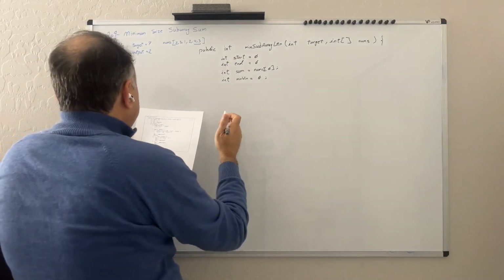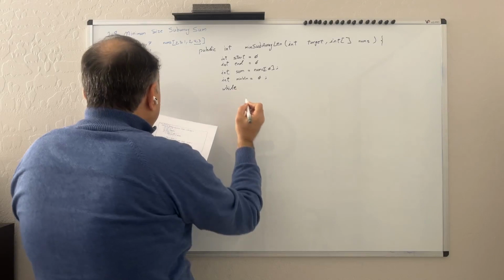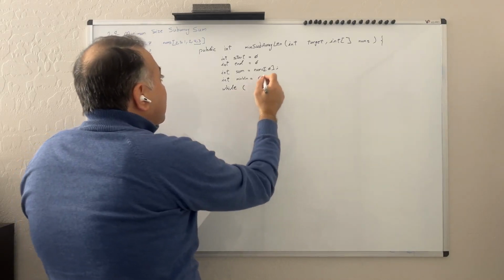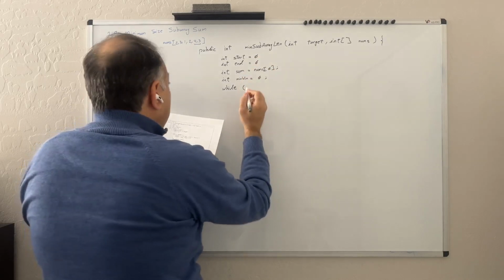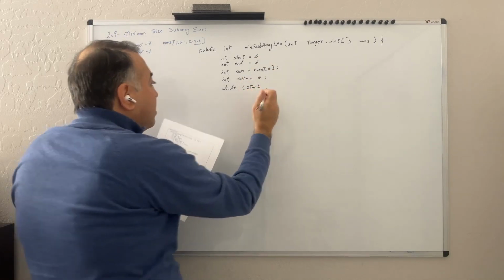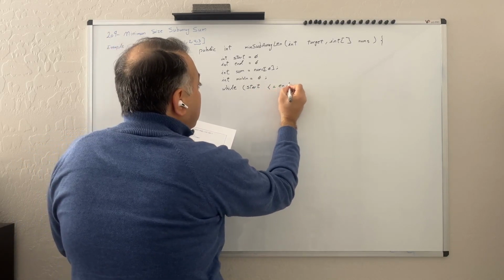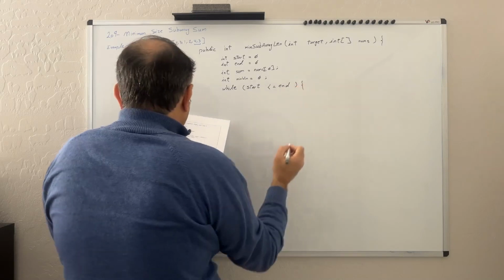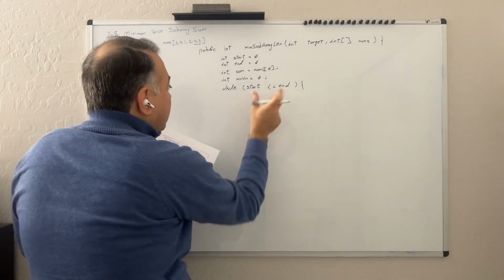Then we need to have a while loop, and we need to always make sure that the start of the window will not pass the end of the window. As long as the start pointer is less than or equal to the end pointer, I'm going to run this loop. Why do I put this criterion here?